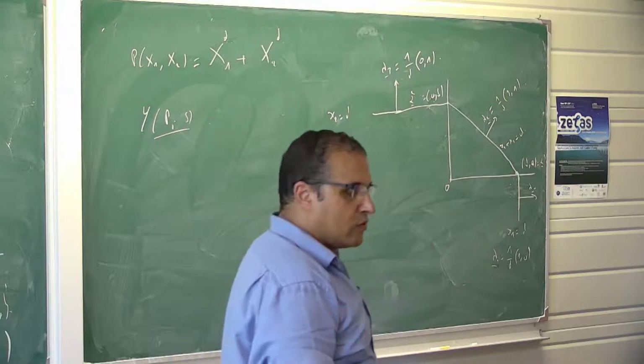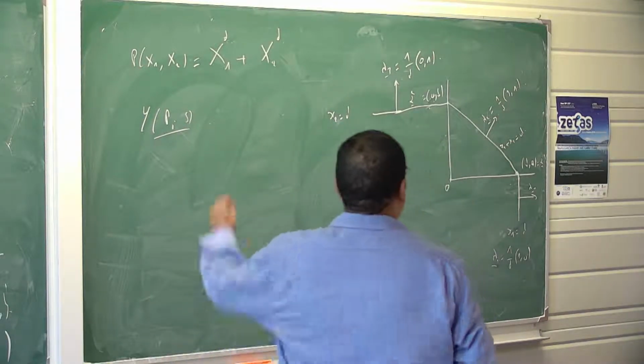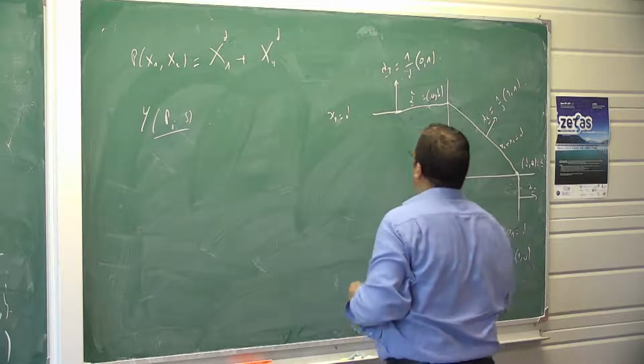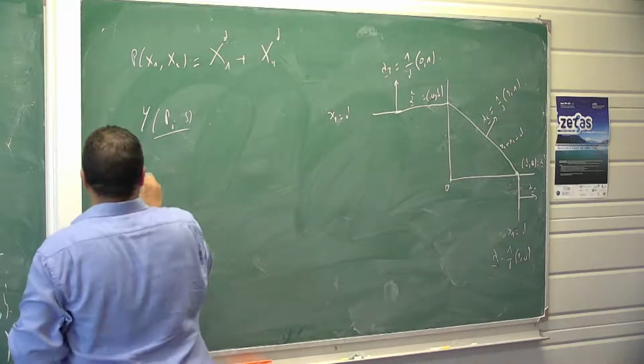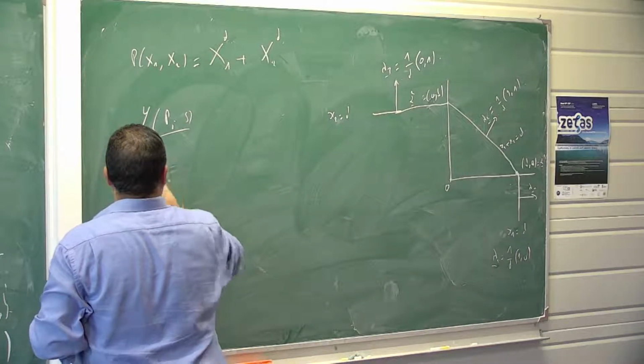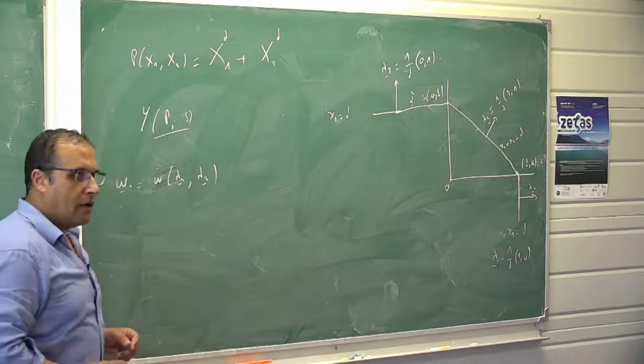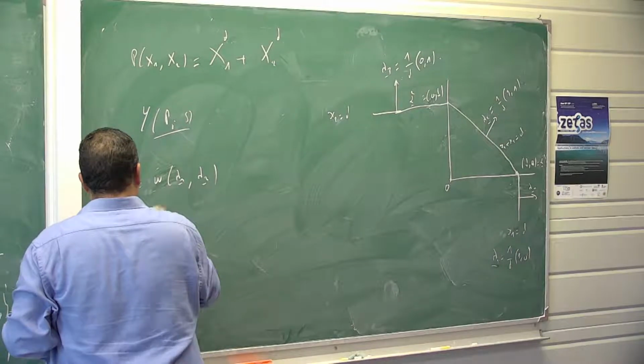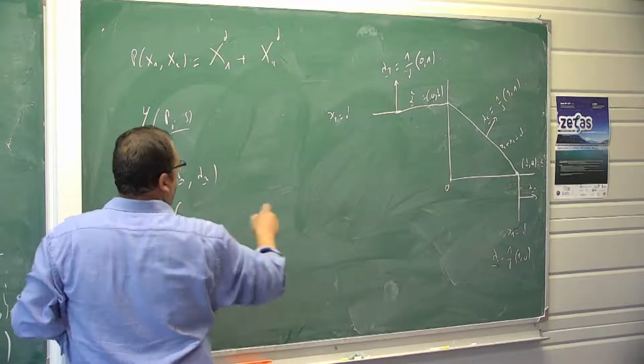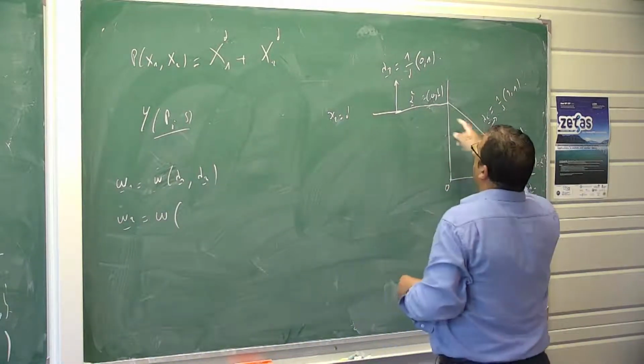So we have only two cones. We have the cone omega 1, which equals the cone of lambda 1, lambda 2, and the cone omega 2, which equals the cone of lambda 2, lambda 3.